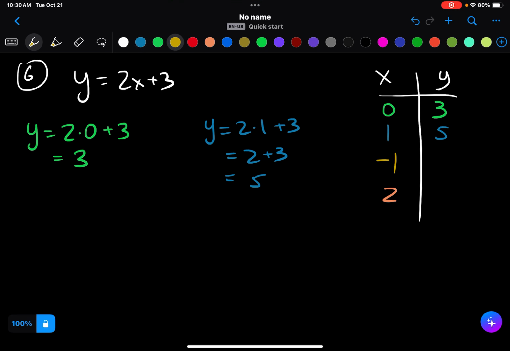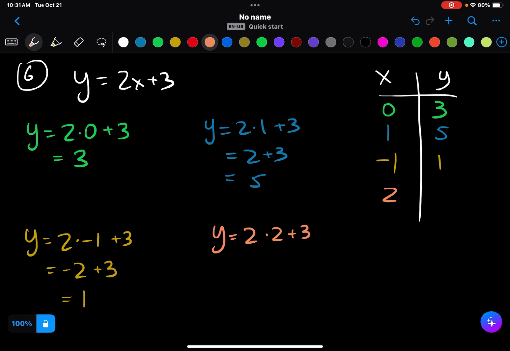Then for the next one, when x is negative 1, y equals 2 times negative 1 plus 3. So that's going to be negative 2 plus 3, which is just a positive 1. And for the last one, when x is 2, y equals 2 times 2 plus 3, which is 4 plus 3, which is just 7.